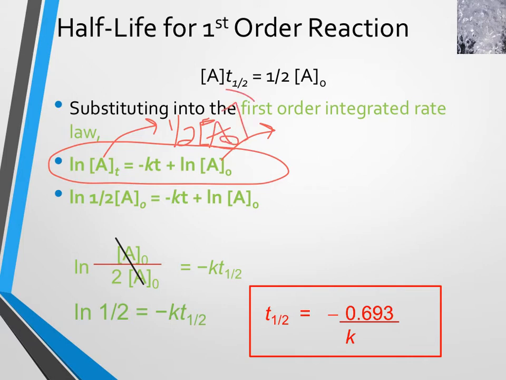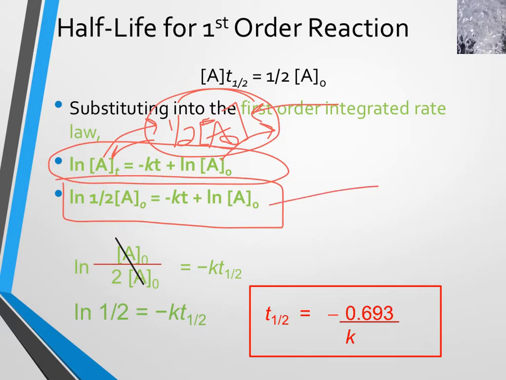So if you take this substitution for the quantity of the substance left at half-life and plug it back into the first order rate law, you now get something that looks like this. Now you can combine like terms. You have the initial concentration on both sides. So you're going to start out by having something that looks like this.